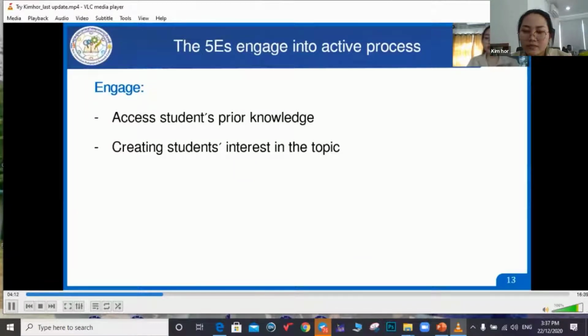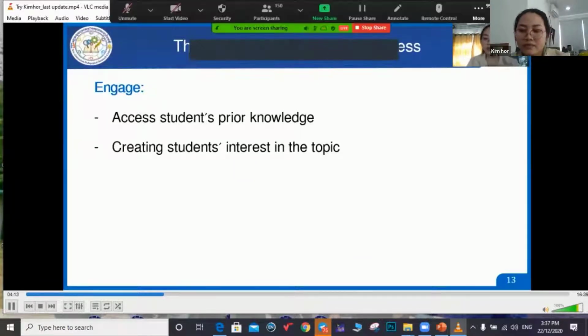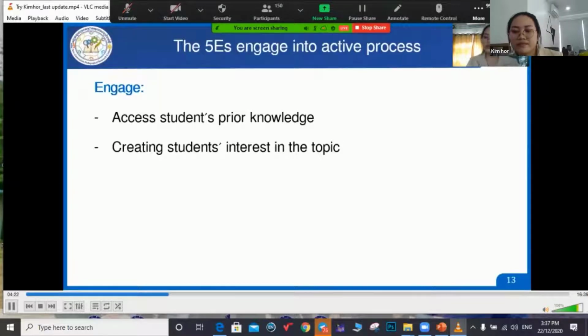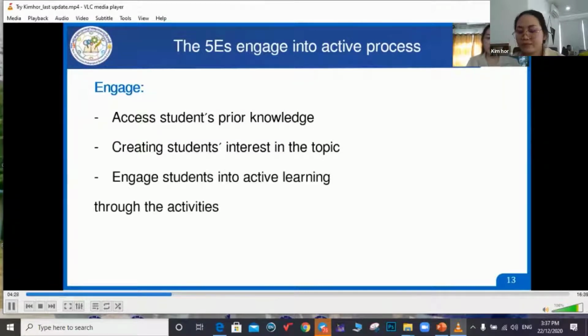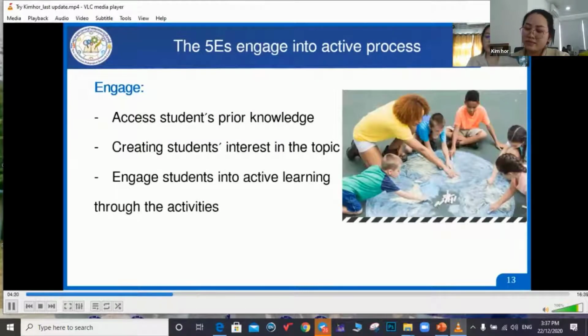When students are interested in the lesson, it is easy for them to catch up with the new lesson. So teachers can show a graph, pictures, a demonstration, or an experiment, and engage students in active learning through activities. When teachers have activities, students will enjoy them.